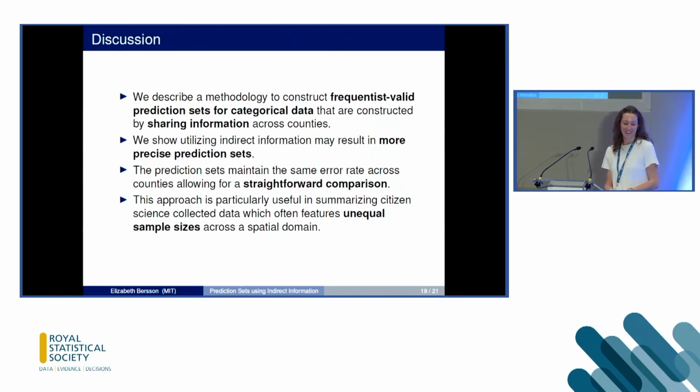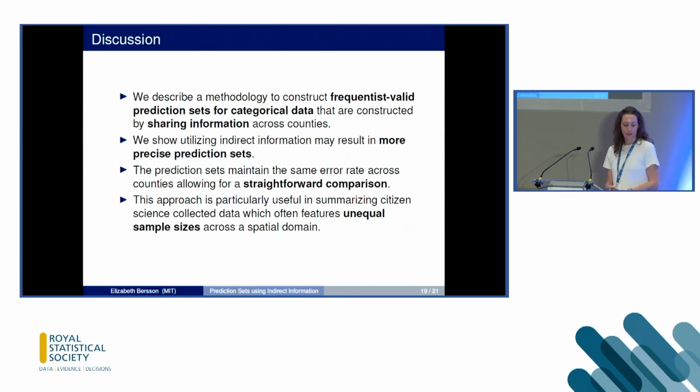Okay, so we've described a methodology to construct frequentist valid prediction sets for categorical data, and they're constructed by sharing information across all counties. I've shown that utilizing indirect information may result in more precise prediction regions, particularly in counties with small or moderate sample sizes.